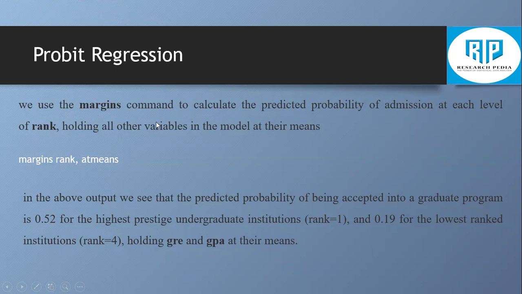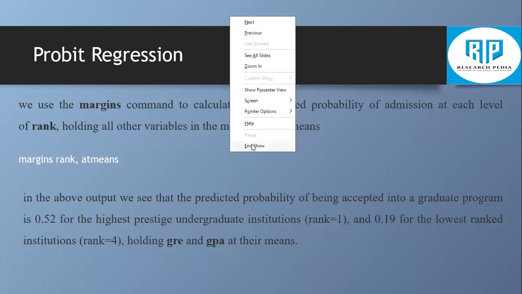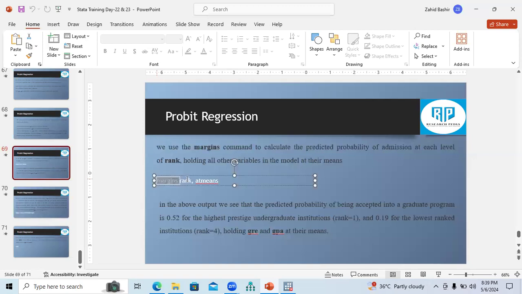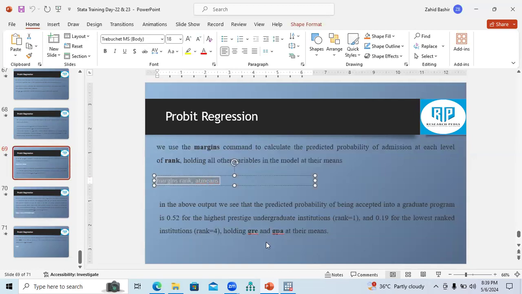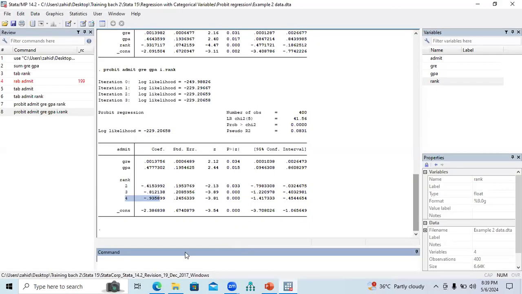We use the margins command to calculate the predicted probability of admission at each level of rank. So what is the probability of admission at each level of rank, holding all other variables at their means? So first of all, we need to consider this command because rank is an ordinal variable here.